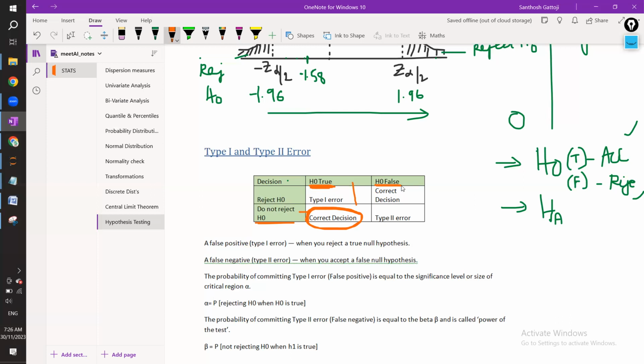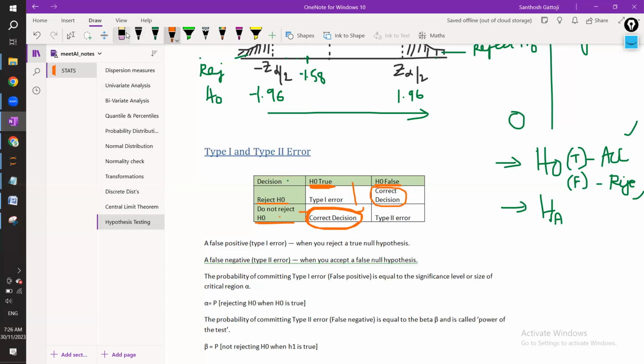Should reject. Right. So for a false null hypothesis, if I reject it, that is a correct decision. Simple. If it is true, do not reject, correct. If it is false and you reject, that is correct.